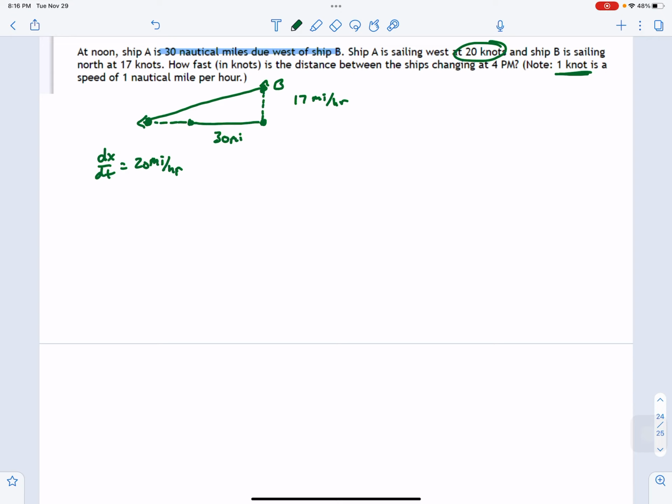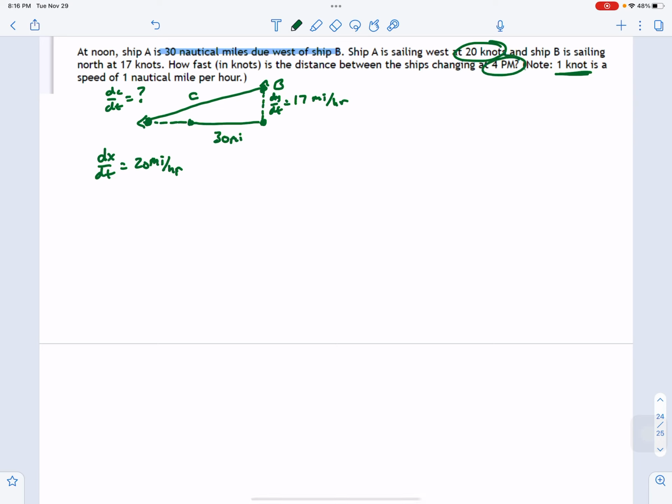Over here on our y-axis, we're going to say dy over dt. And let's call this distance c. It's changing at a rate of dc over dt, and that is what we're looking for. We're looking for the rate at which this is stretching. How far are these two ships getting away from each other?